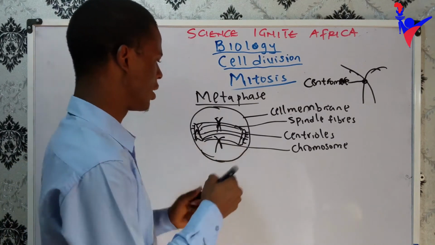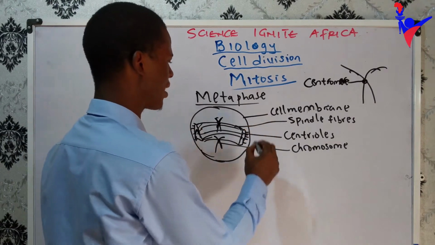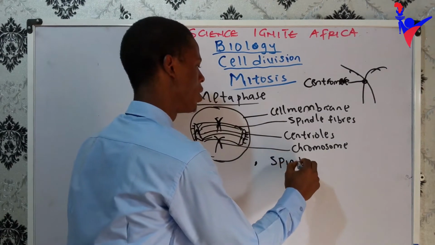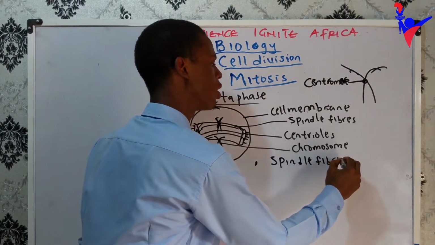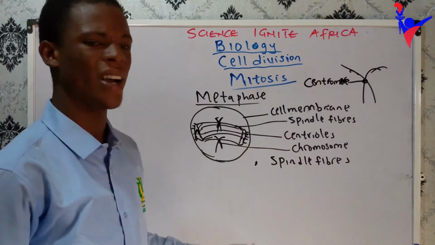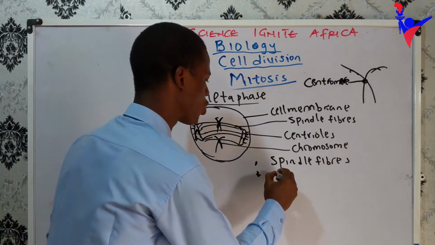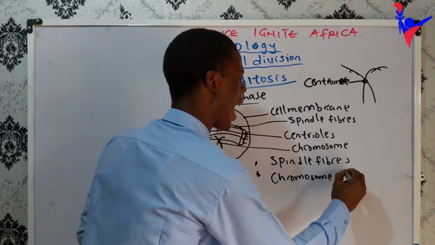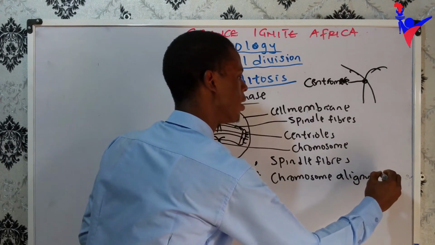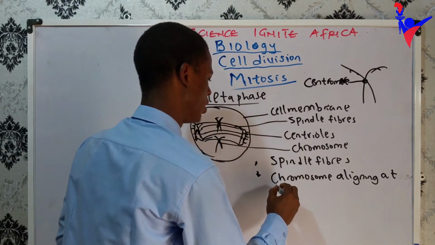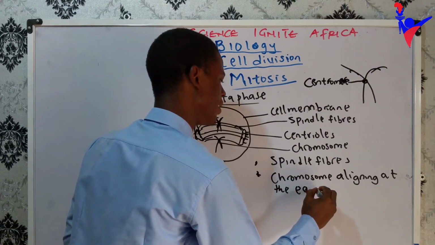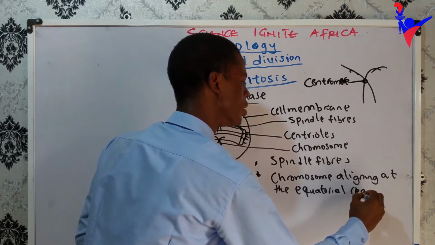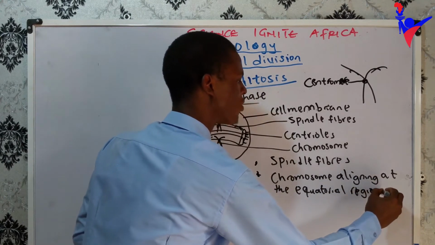These are the key points you should take notes on in a metaphase stage. You have the formation of your spindle fibers, and you have your chromosomes aligning at the equatorial plate, or equatorial region, of the spindle fiber.